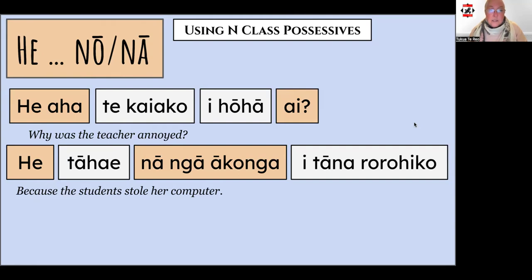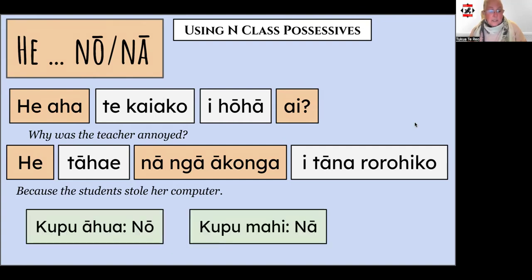He tāhae nā ngā akonga I tāna rorohiko, because the students stole her computer. The reason we've used nā and not nō in this case is because the kupu tāhae is a tūmahi. So the rule here is, if the pūtake is a kupu āhua, we use nō, and if it's a kupu mahi, we use nā.